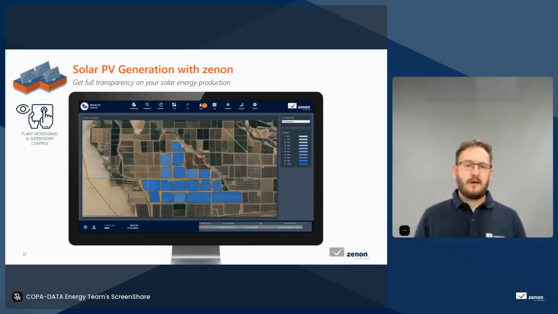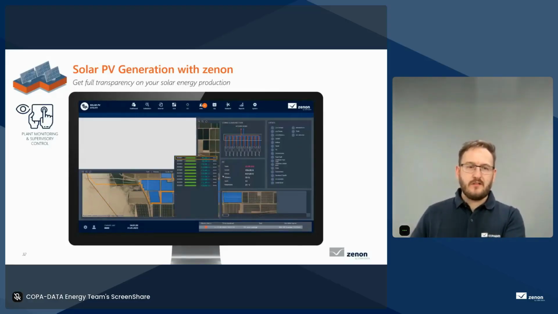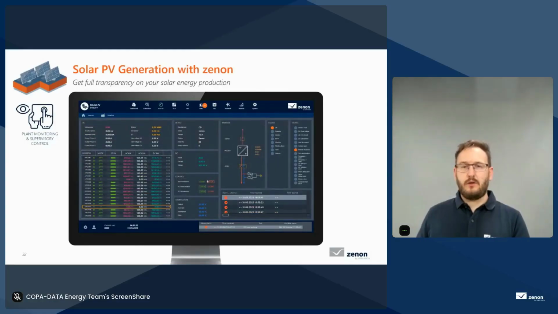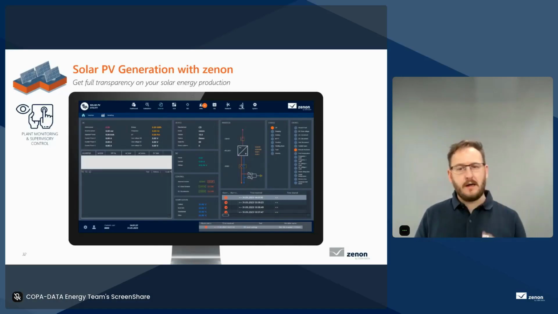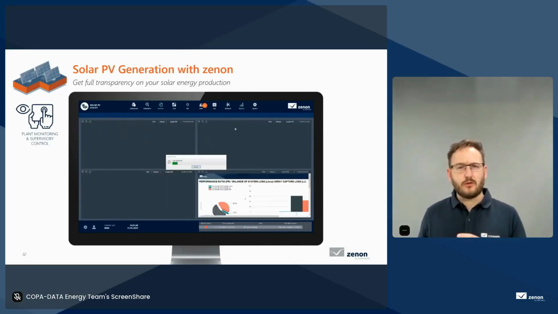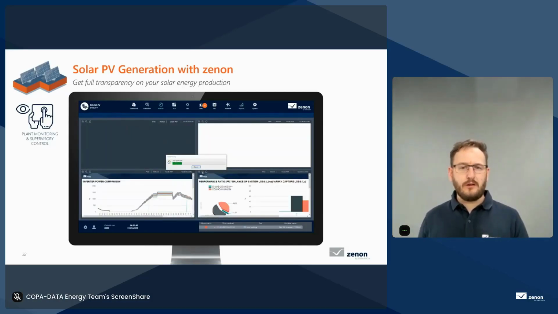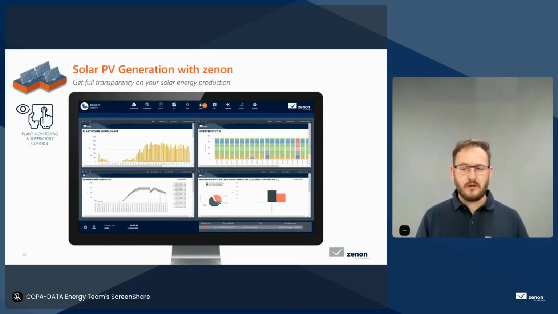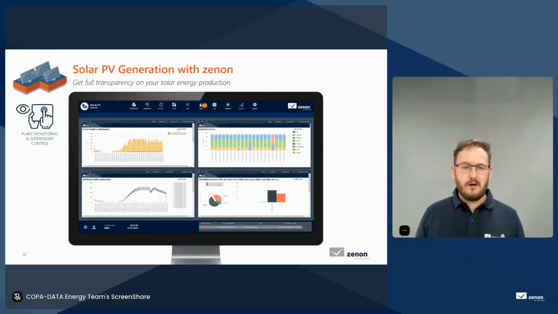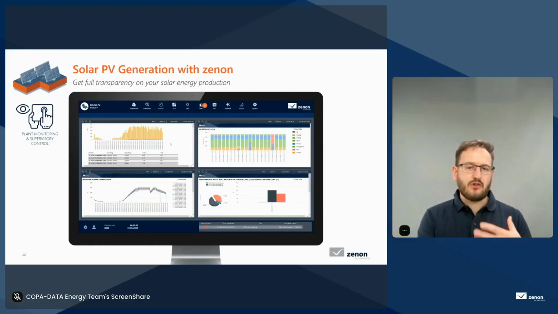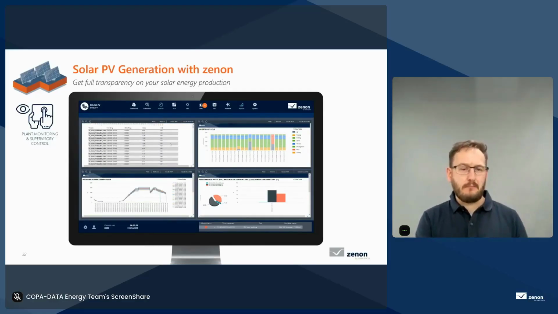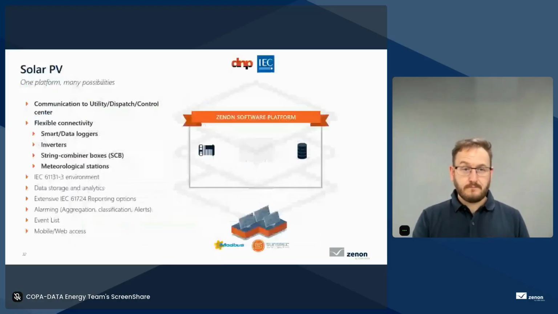What that means is that typically in a solar PV, we are talking about multiple instances of the same asset with which we need to connect, be it a smart logger or a data logger, or inverters. And this is similar for other DERs, typically wind turbines, things of this nature. They're all the same. So if you can create an object or a model which fulfills these requirements and instance it multiple times, this is what these demos are based off of.